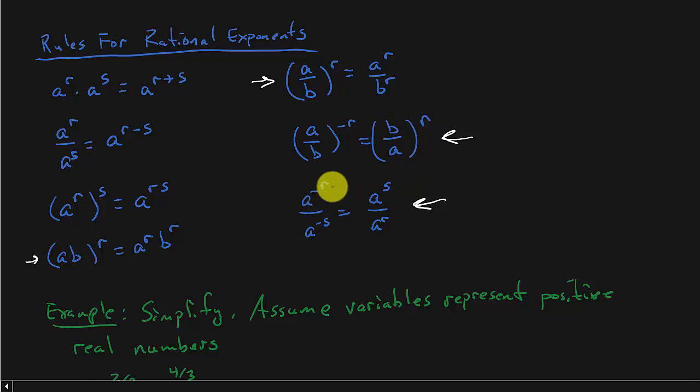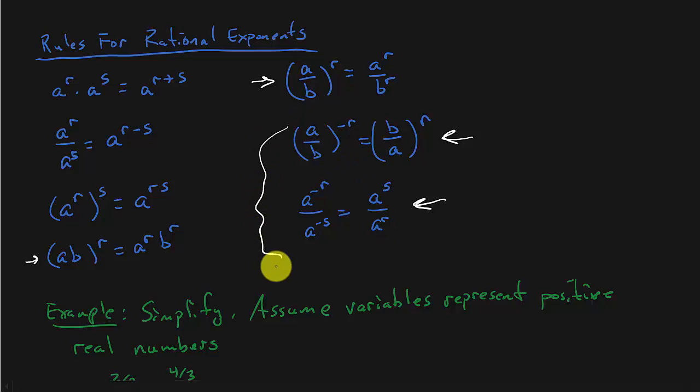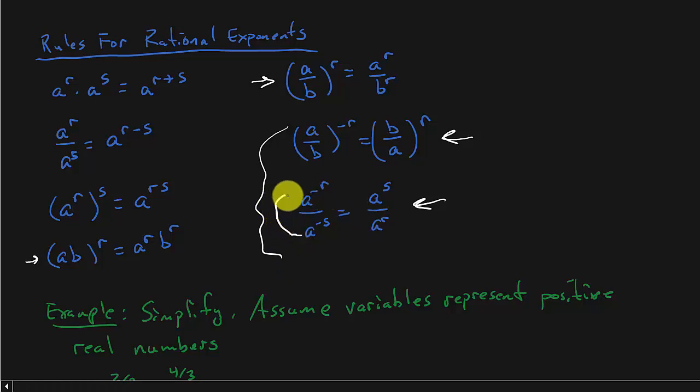And then this one, a to the -r over a to the -s is equal to a to the s over a to the r. These two properties are pretty much just telling you how you can make your exponents positive. All they're doing is taking the a to the s, moving it across the fraction bar, and it changes the sign, and this one they move down to the denominator, changing the sign of the exponent.